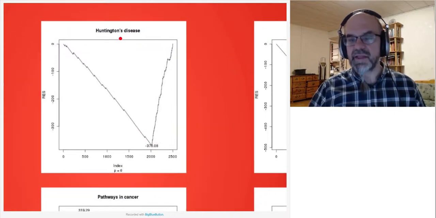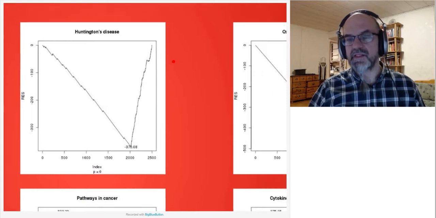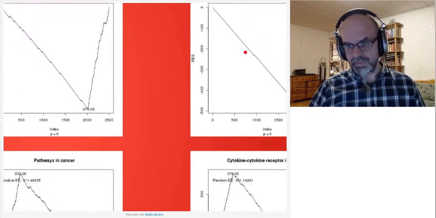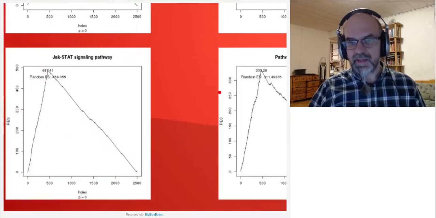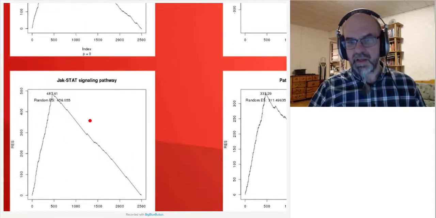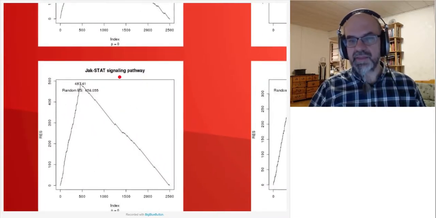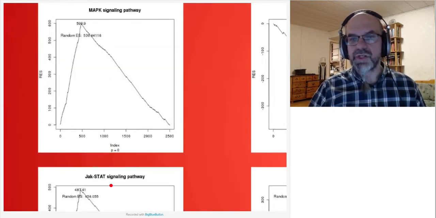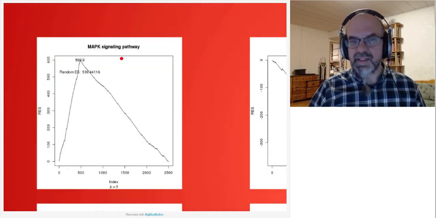Just like in the case of this Huntington's disease or oxidative phosphorylation. Okay, so maybe this JAK-STAT signaling pathway is an even better example, because this was selected so that the MAP kinase signaling pathway is upregulated.